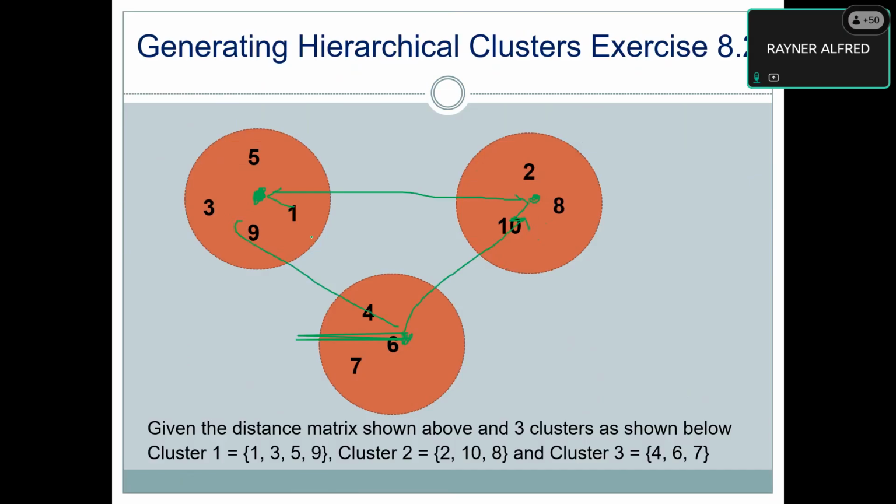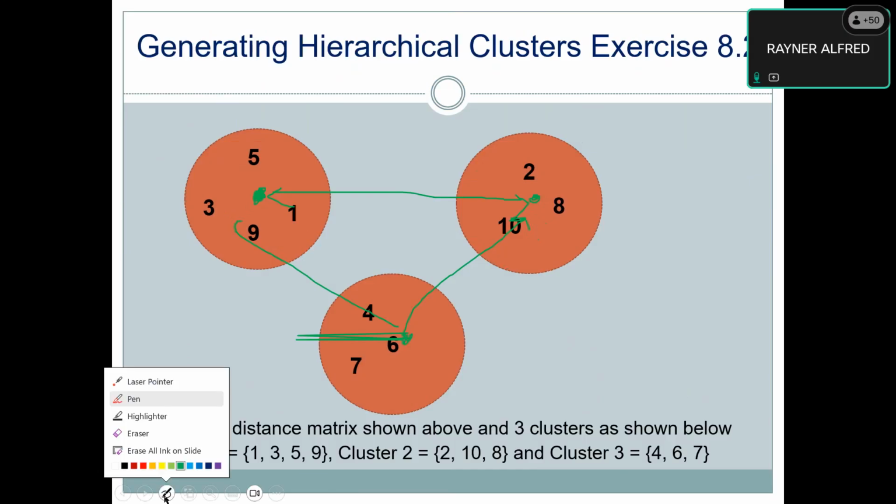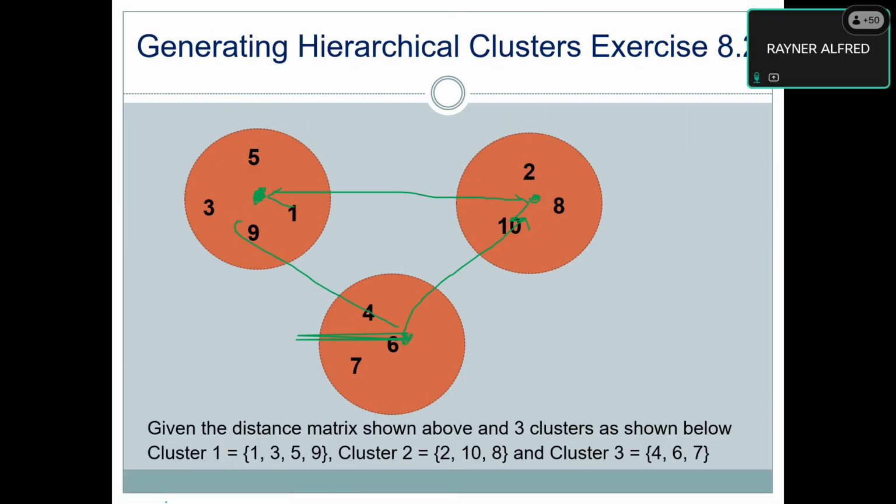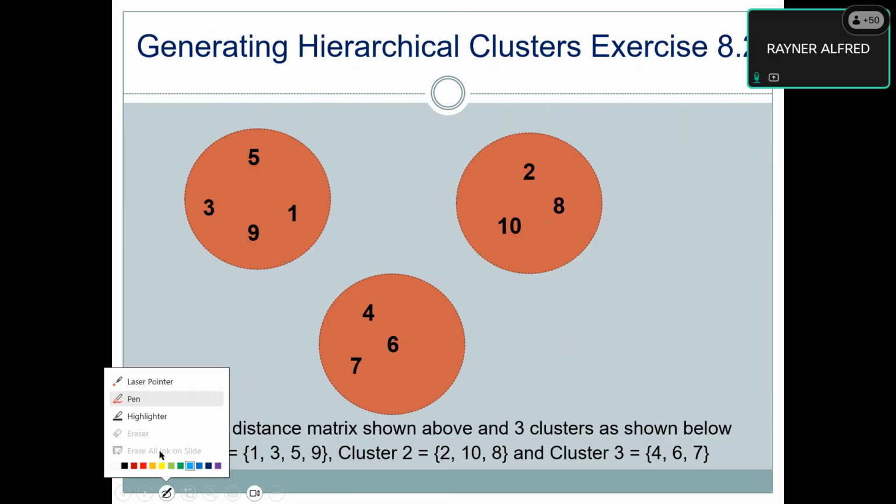If the question asks you to determine which cluster should be combined using average link, then you need to compute the average link for 2 clusters, for example, like this. So how do you find the average? Basically you add up all the distances and then you take the average.